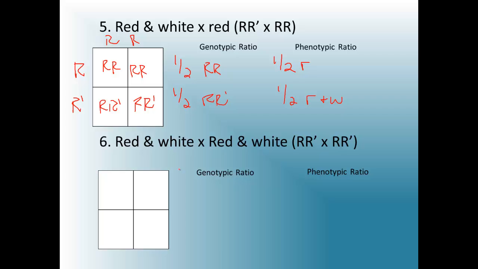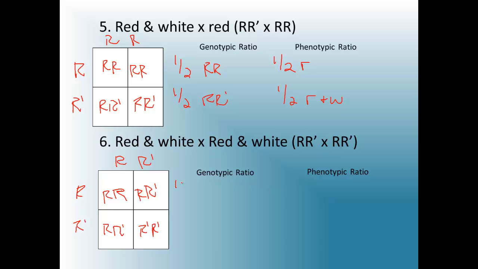Okay, so then what should we be able to predict for our next one? If we're crossing a red and white with a red and white, that we have the probability of getting all 3 types of phenotypes. So we set it up, heterozygote, heterozygote, fill across, fill down, and look at that.